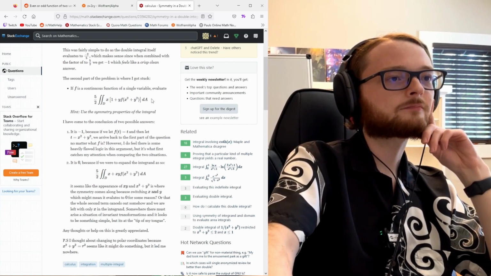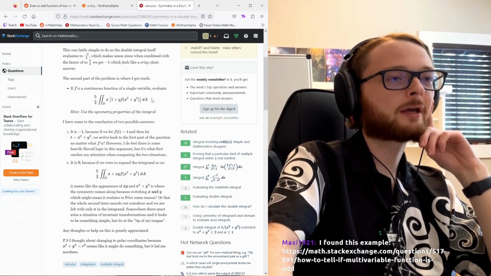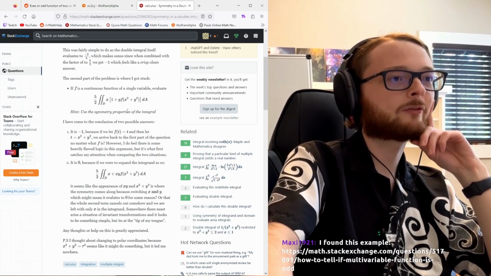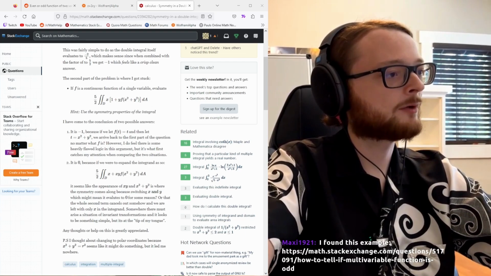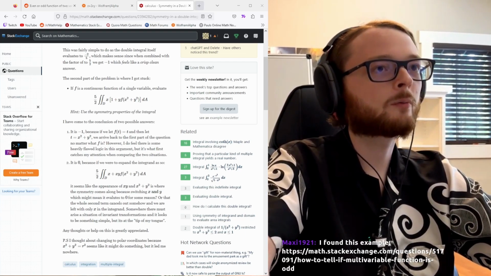And if both x and y are negative, you would end up with the original function back. So that seems like a three-dimensional odd function, depending on how you define an odd function. Let's see what that is.